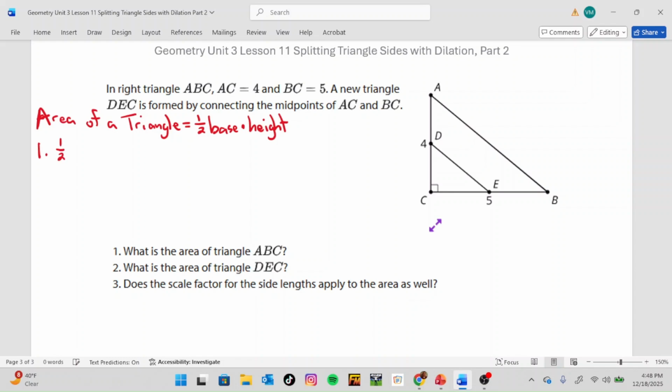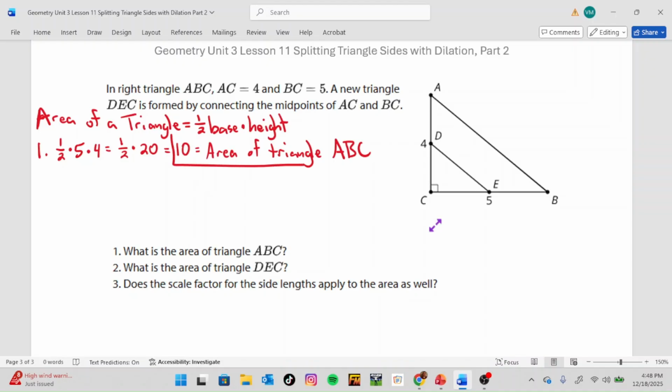So 1/2 times 5 times a height of 4. 5 times 4 is 20. And 1/2 of 20 is 10. So the area of triangle ABC is 10.